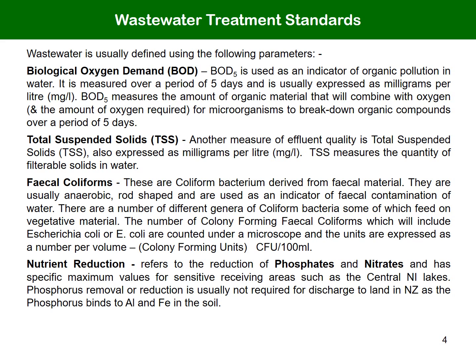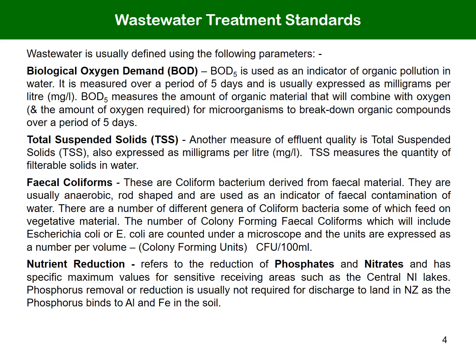Fecal coliforms. These are coliform bacteria derived from fecal material. They are usually anaerobic, rod-shaped, and are used as an indicator of fecal contamination of water. The number of colony-forming fecal coliforms will also include E. coli, counted under a microscope, and the units are expressed as a number per volume of colony-forming units, CFU per 100 ml.